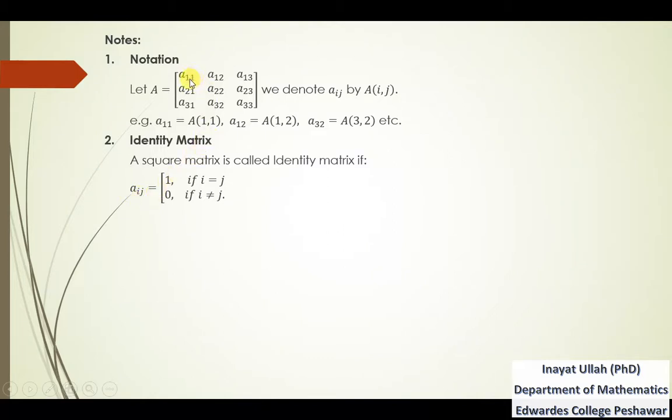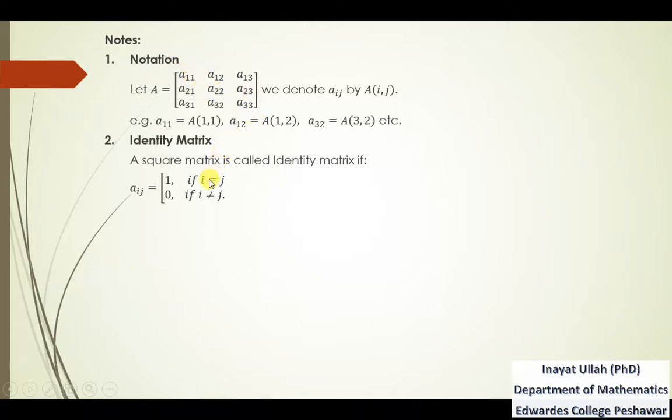So just look at this. In A11, I and j are the same. In A22, I and j are the same. In A33, I and j are the same. So that is the main diagonal of this matrix.